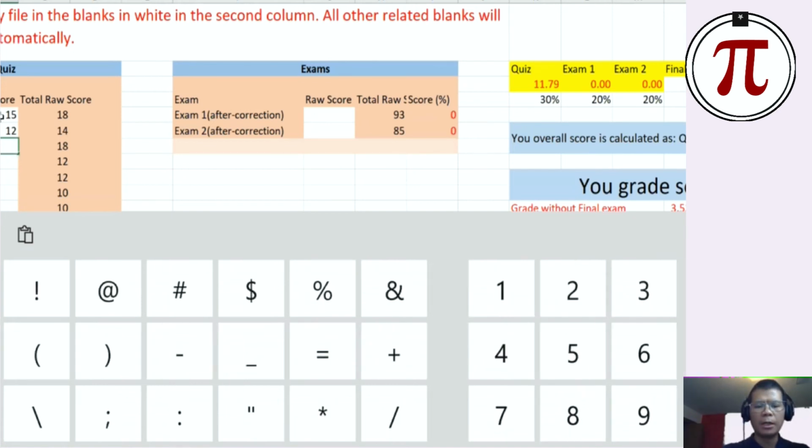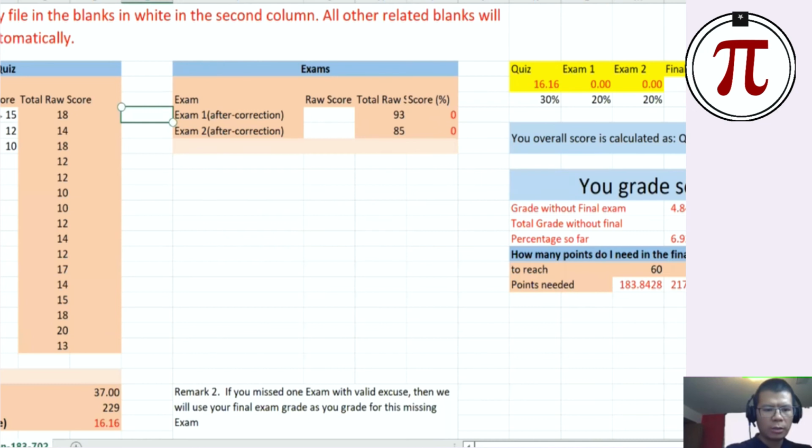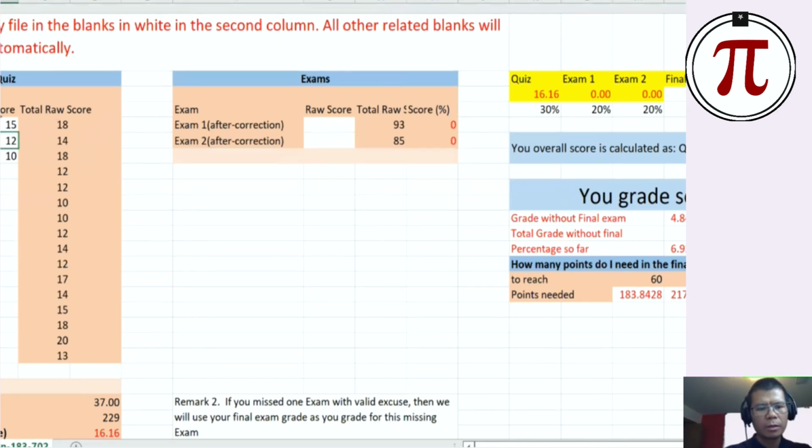All right, let's say that I got these values. Well, you can just do this.